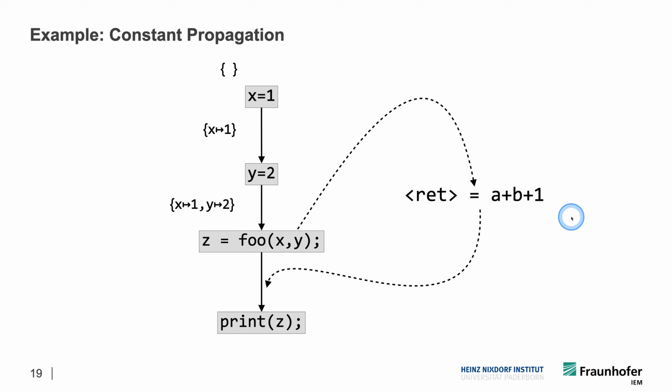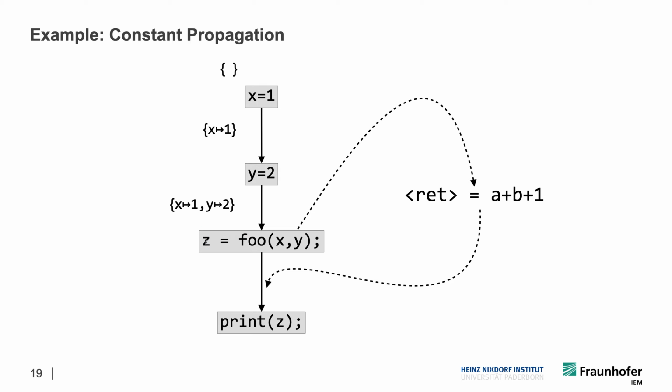Now, you will notice something if you look at the summary. This is talking about a and b and some return value, all of which don't really have a meaning in this scope here. So in this calling context, we have no variables a and b. We also have no variable called red. We do have one called z, but it's a different name.